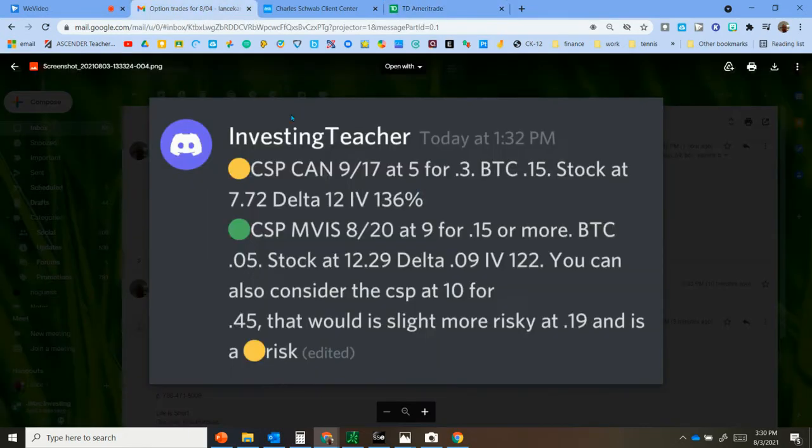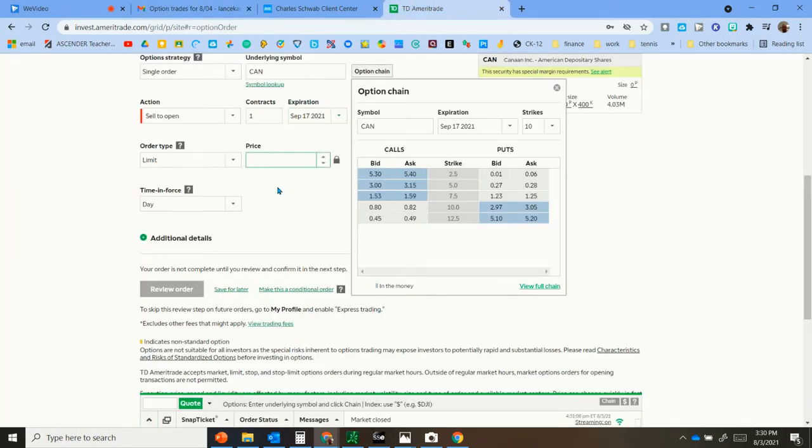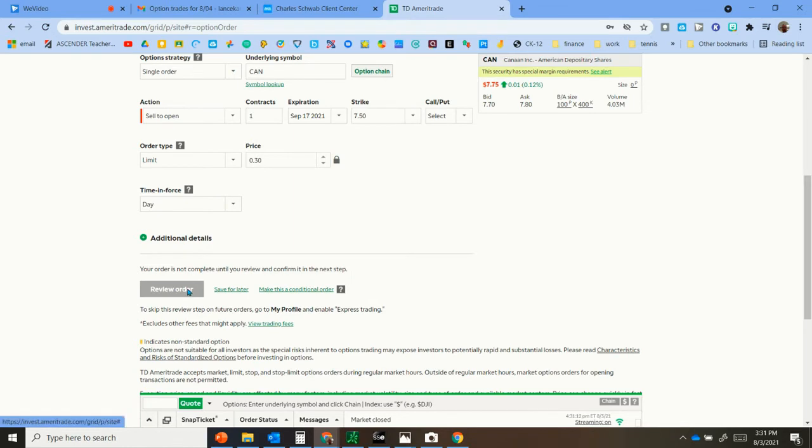And then the limit order, we're looking for at least 0.3. So for price, you're going to put 0.3. Time in force is day. If you're doing this at close of market, it will try to do it on the next day. And that's really about it. You're then going to click review order and then confirm it.